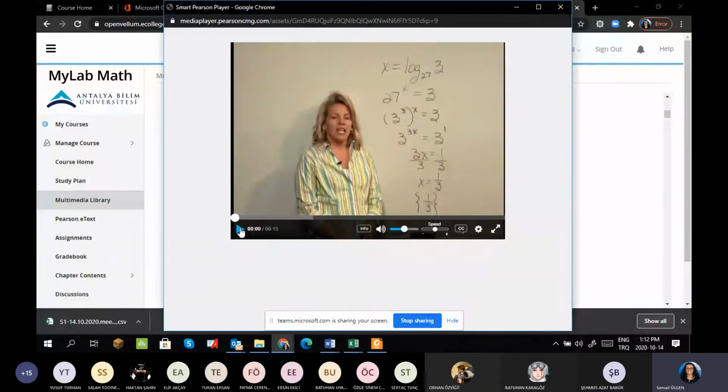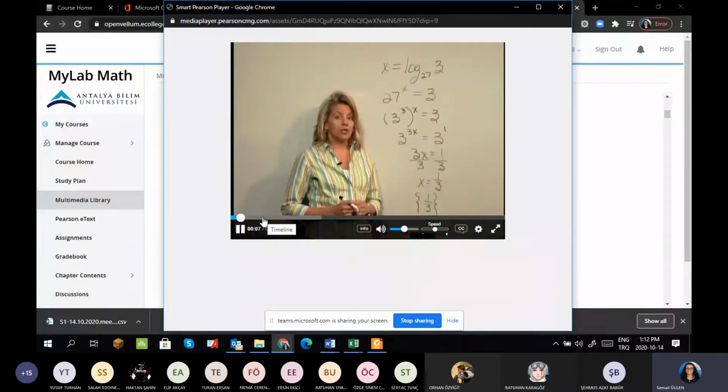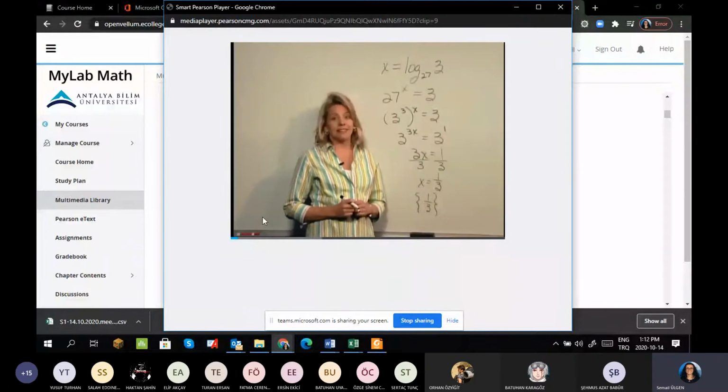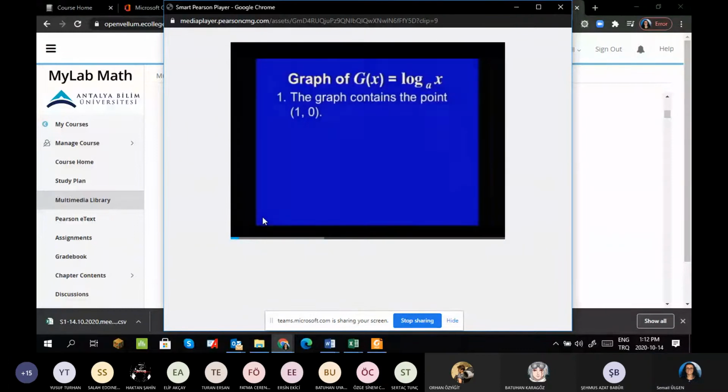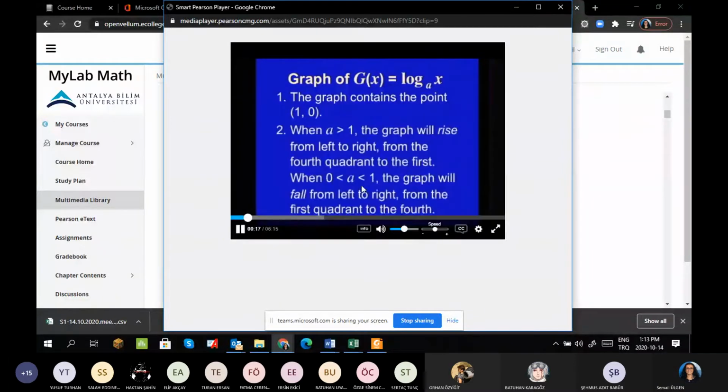We can now make some generalizations about the graphs of logarithmic functions of the form g of x equals log base a of x. The graph contains the point (1, 0). When a is greater than 1, the graph will rise from left to right, from the fourth quadrant to the first.